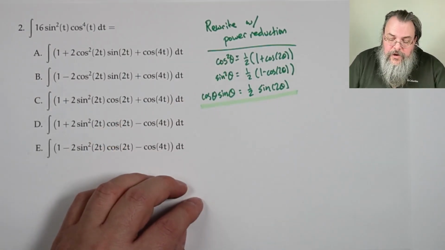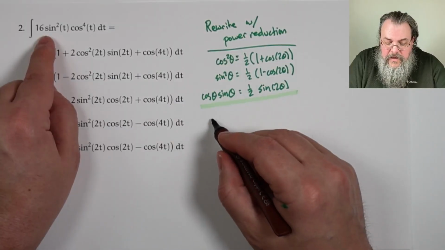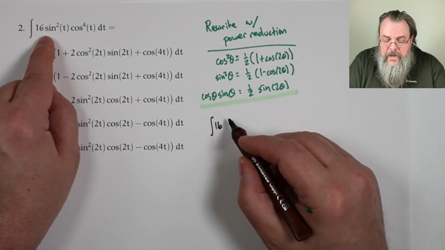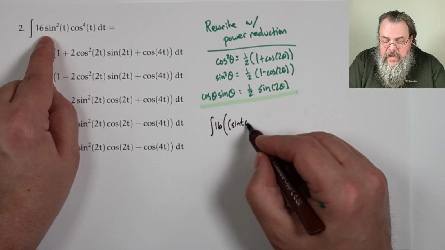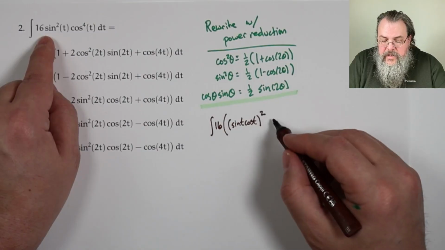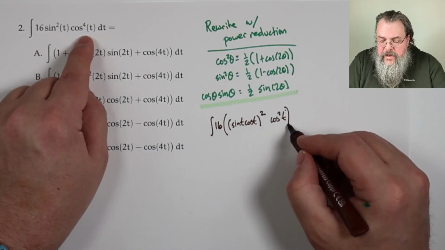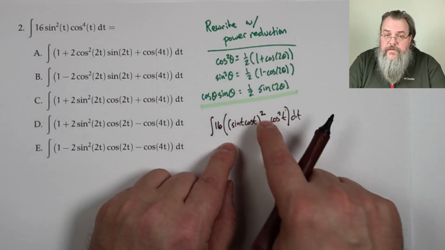All right, to be more precise, let's think of what we have here. So we have an integral. We have our 16. And now I'm going to think of it as sine t cosine t quantity squared times cosine squared t. All right, so just emphasizing how we're going to use this.